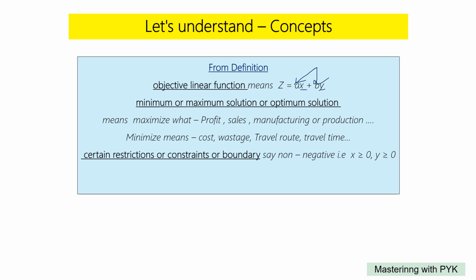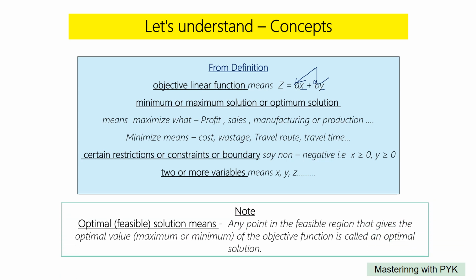The restrictions would be something wherein we only talk about non-negative values. So my x and y, the variables, would always be greater than or equal to 0, meaning they can be 0, but they will not be negative.